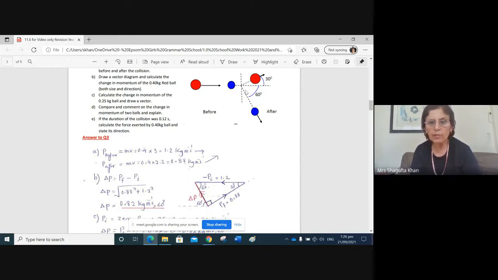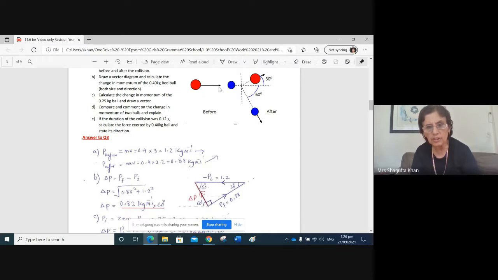So let's first of all calculate the change in momentum of this red ball. So that is the direction of the final momentum. We can calculate momentum by using p equals mv. So that's the final momentum. So change in momentum is final minus the initial. So we draw the initial momentum in the opposite direction.